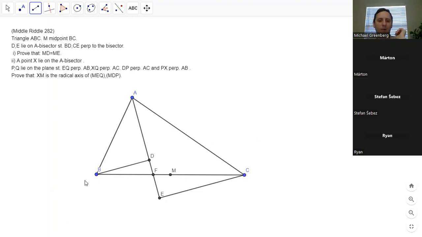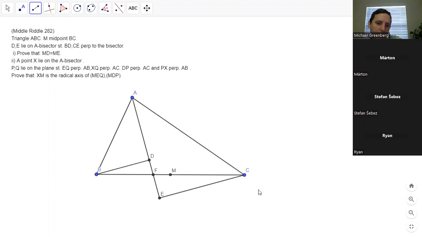You project the bundle AFDE through the point at infinity of line BD, onto line BC.